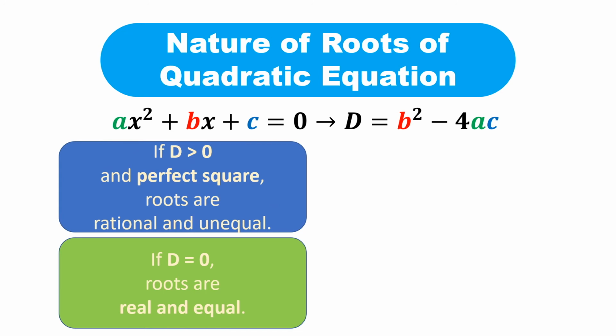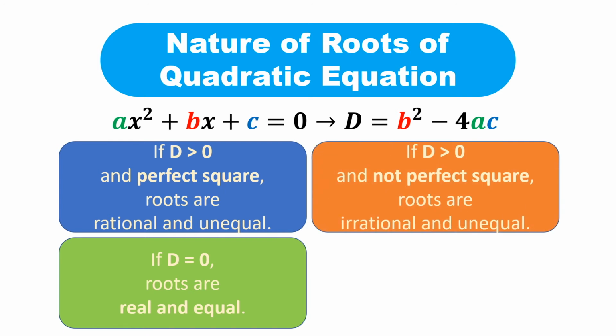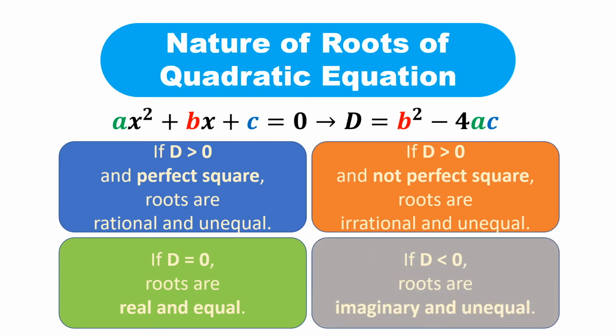If the discriminant is positive and a perfect square, its two roots are rational and unequal. If the discriminant is positive but not a perfect square, its two roots are irrational and unequal. If the discriminant is negative, its two roots are imaginary and unequal.